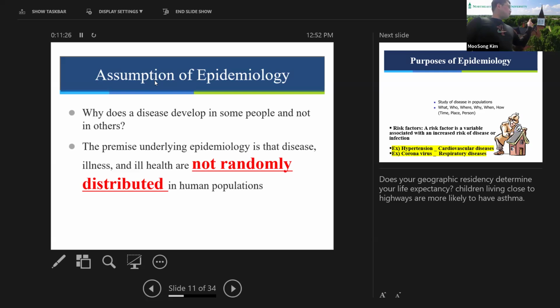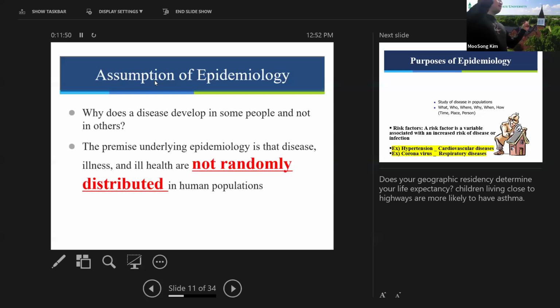There should be a reason. The reason should be the cause of disease, right? If there is no cause of disease, probably disease is randomly distributed, right? But our assumption is that no disease is actually randomly distributed. So that is the important assumption of epidemiology.